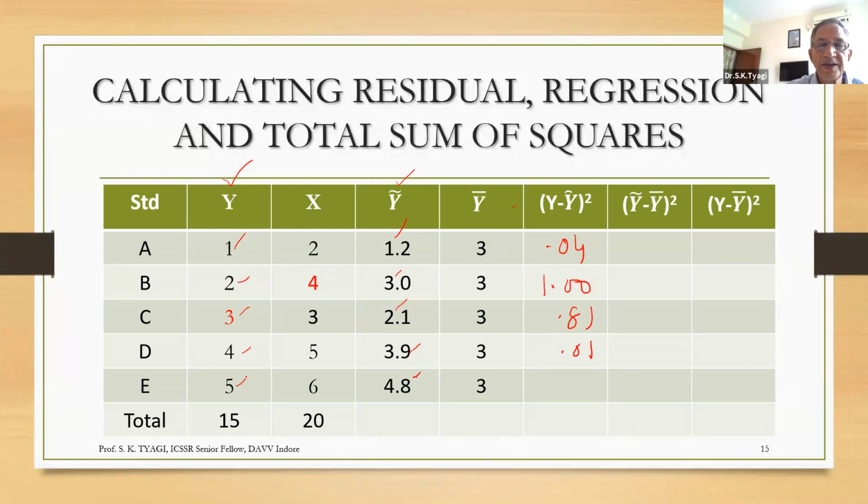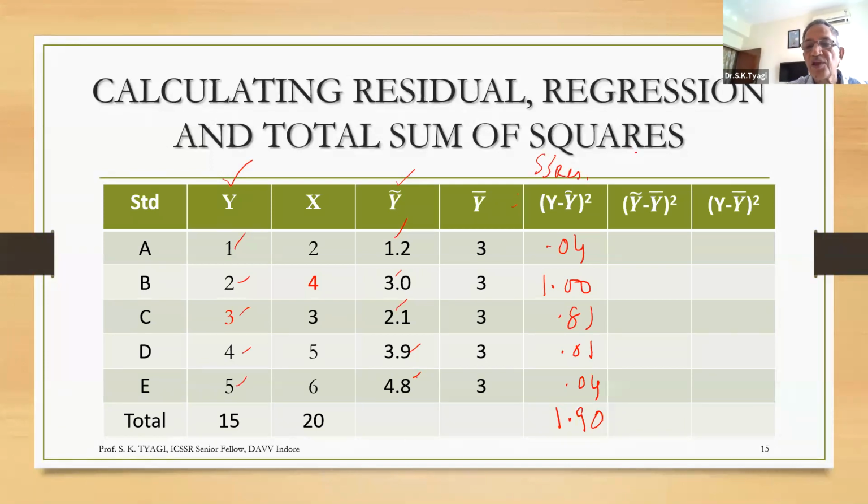For 4.8 and 5, the difference is 0.2 and the square is 0.04. Now add up: 0.04, 1, 0.81, 0.01, 0.04, that is 1.90. So 1.90 is SS residual.